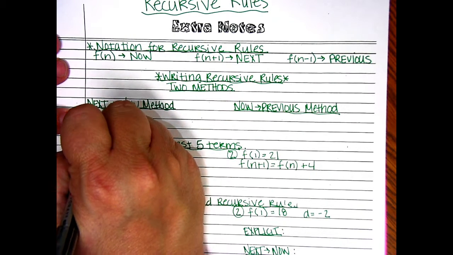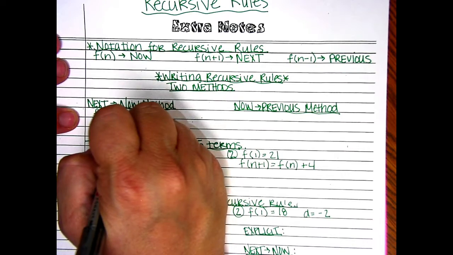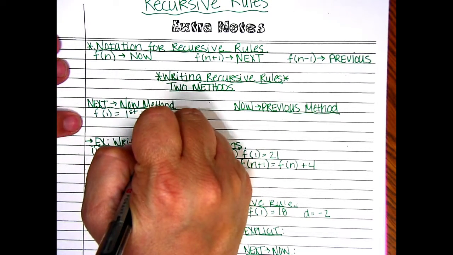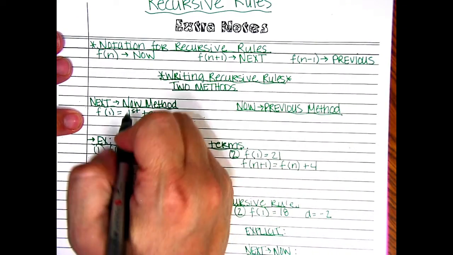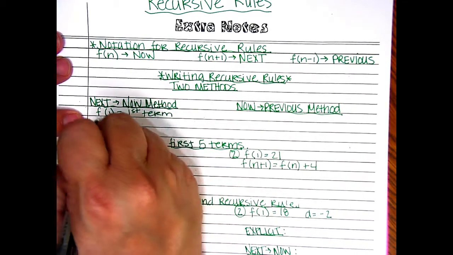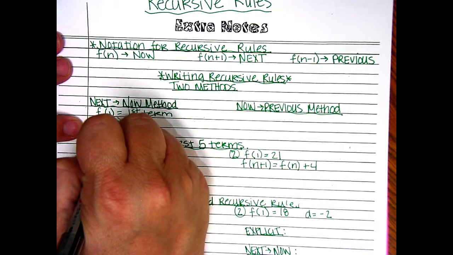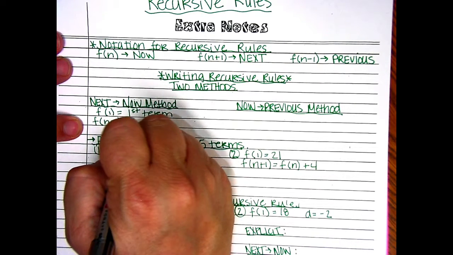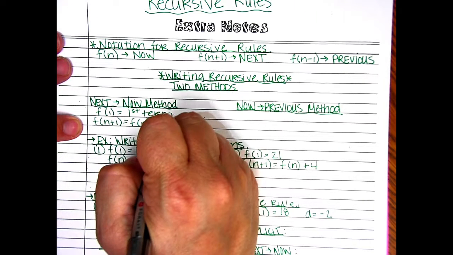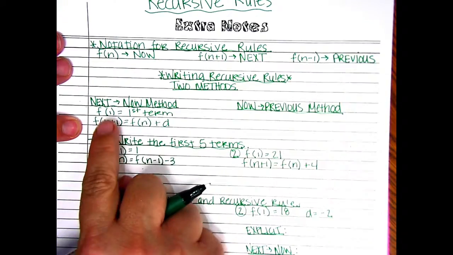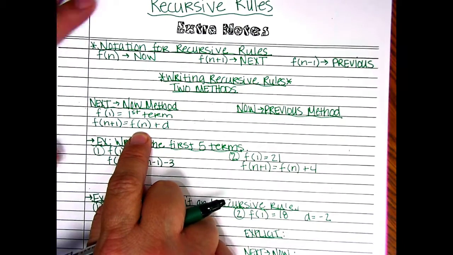So we would say f of 1 is whatever the first term is, and then it's going to follow the format f of n plus 1 equals f of n plus d, which is why we call it the next now method.